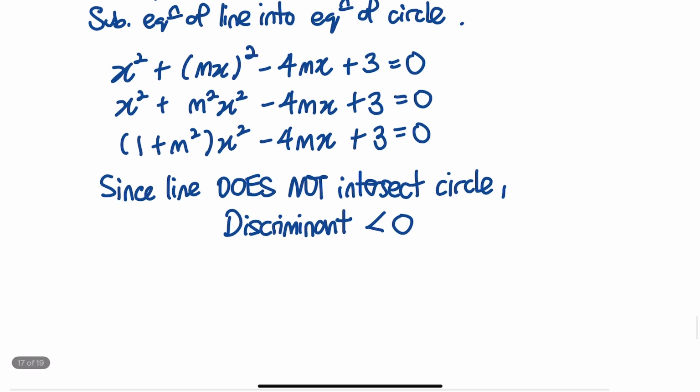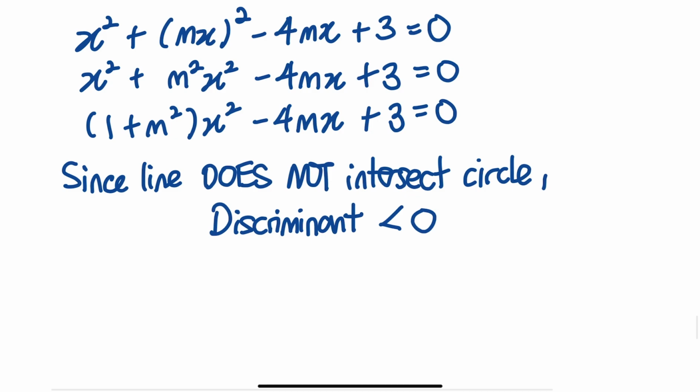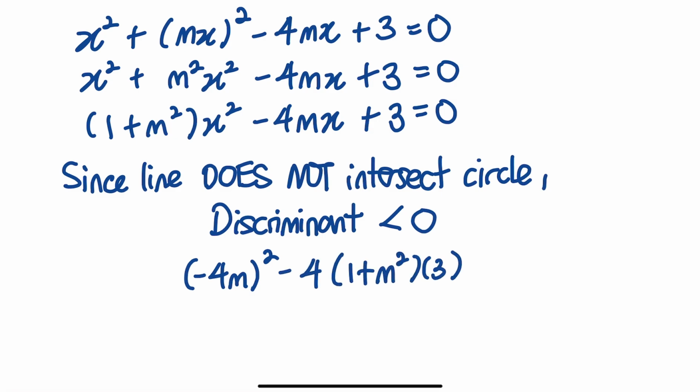So that means b squared minus 4ac, where b is negative 4, squared, minus 4 times a, which is (1 plus m squared), times c, which is 3. This whole thing is less than 0.